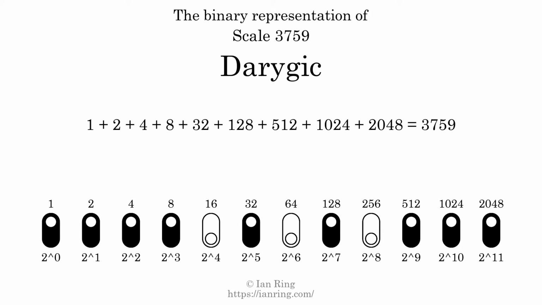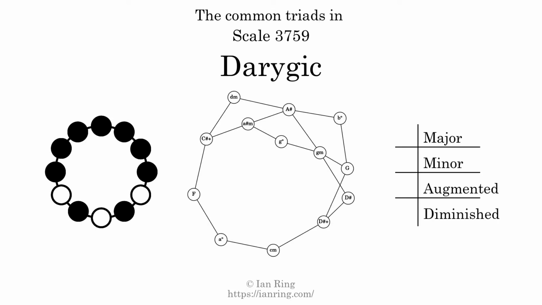That is why the scale number, in decimal, is 3759. The scale number not only enumerates the scale with a unique index, but it also literally describes the tonal content of the scale. Represented as a binary number in base 2, the scale number is 111010101111. Here are the common triads present in this scale.